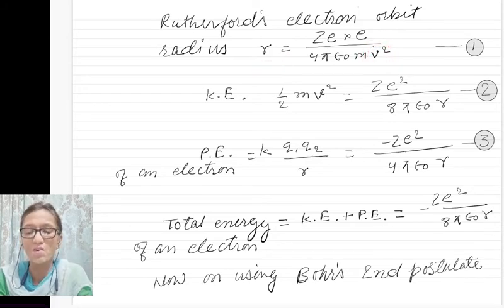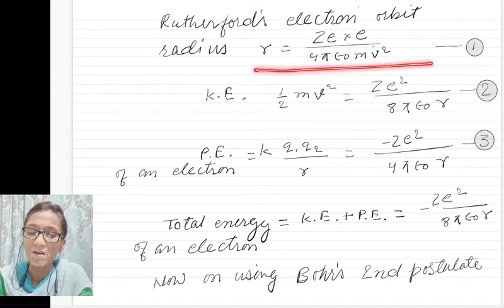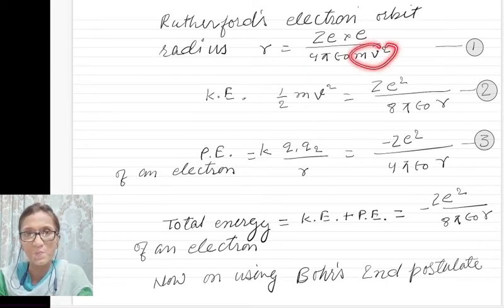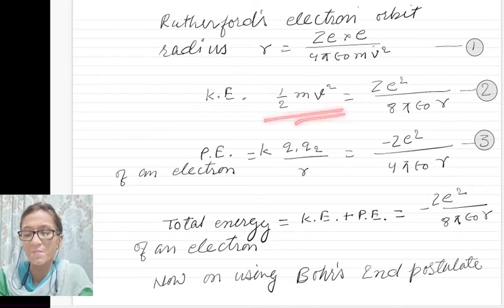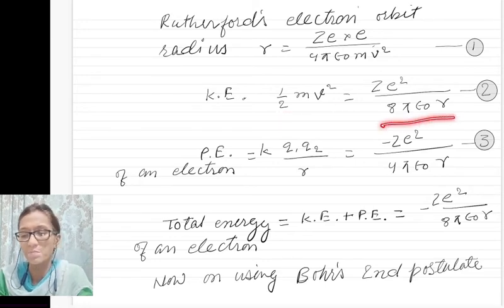So we could not obtain the radius of the circular path of the orbit of the electron. And this is why kinetic energy, which is half mv square, could also not be obtained.